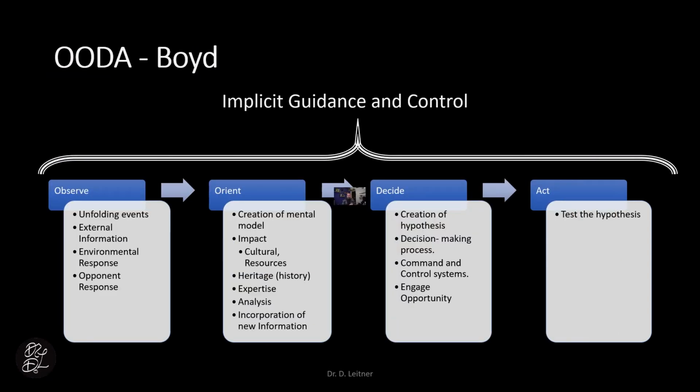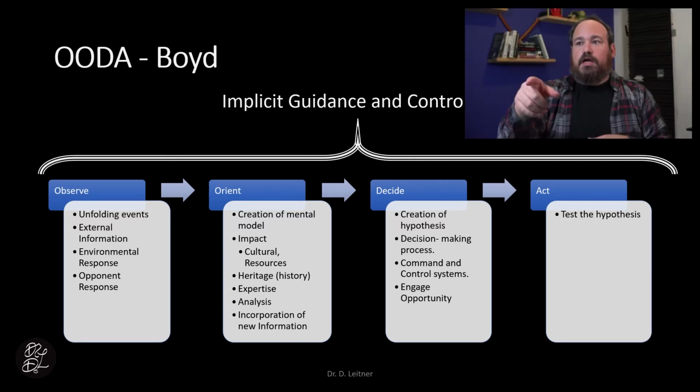Now, there's a gentleman by the name of John Boyd, who was a fighter pilot, and he came up with a slightly different take. It's called the OODA approach. OODA approach starts with the idea of observe, then orient, then decide, and then act. So what we're talking about here is very much a sense of you're going to first observe events.